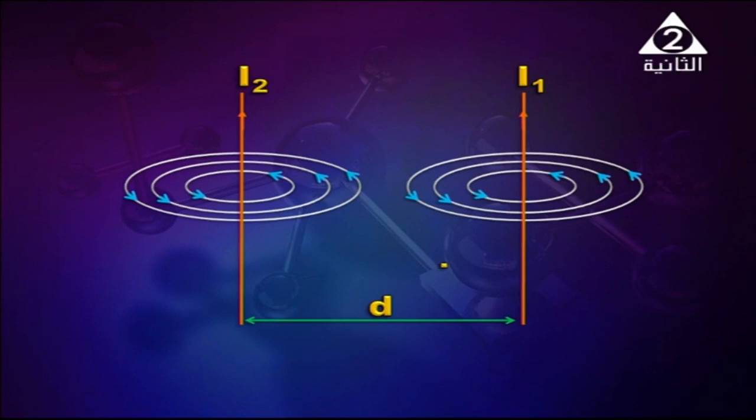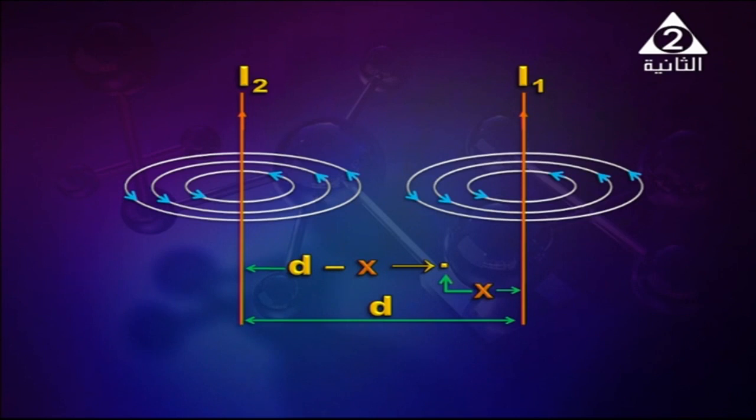Distance between the two wires is denoted by d. Let x be the position of the neutral point from one wire. So it must be at a distance d minus x from the other wire. Now we are quite sure that the total magnetic flux at this neutral point will be equal to 0.